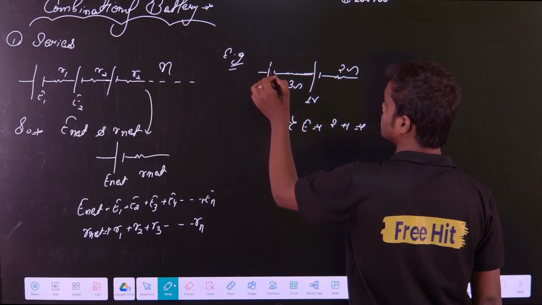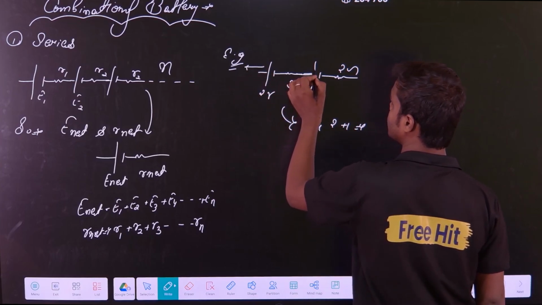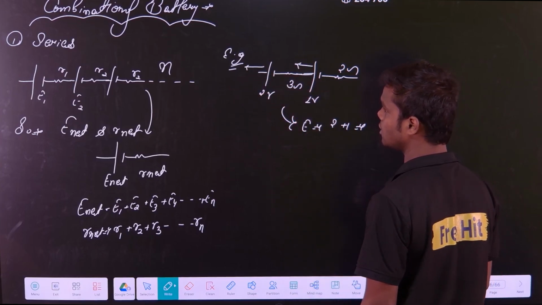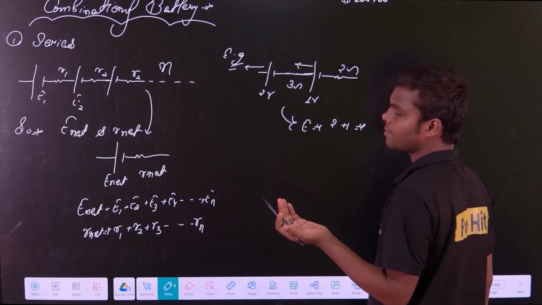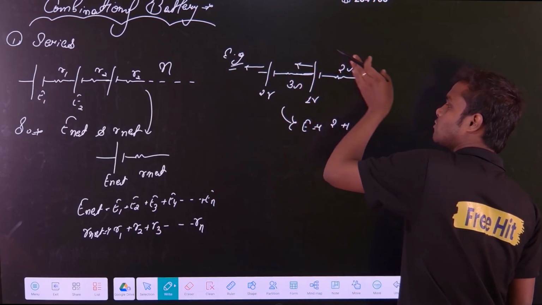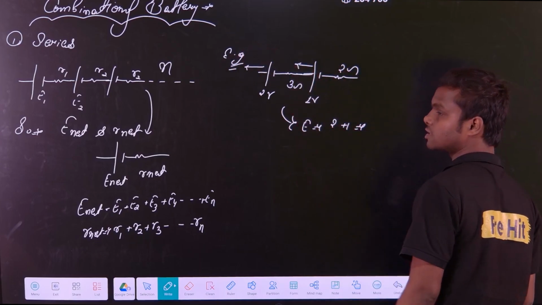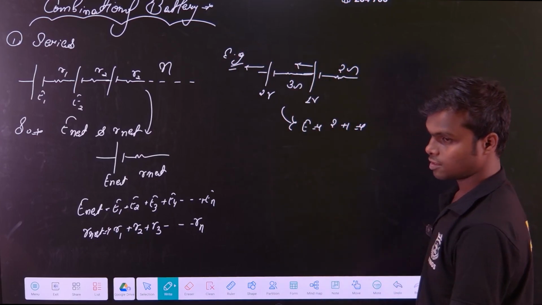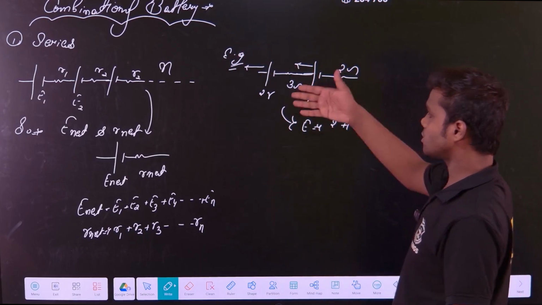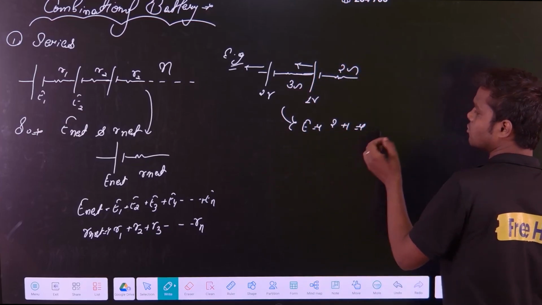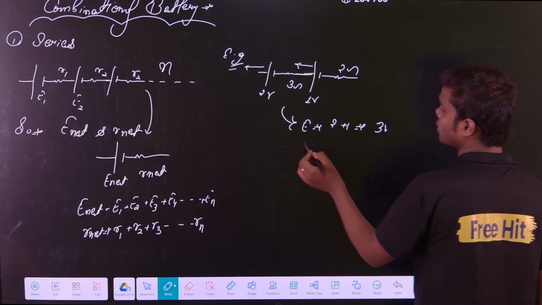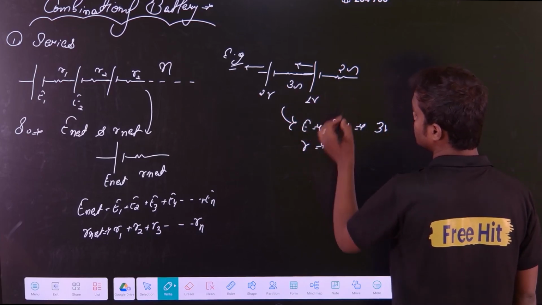If this battery sends the current in this direction, this battery will also send the current in this direction. So are they supporting or opposing each other? They are supporting each other. I can directly add, so this is my 3 volt. And what is my resistance? Resistance will be simply 3 plus 2, that is 5 ohms.